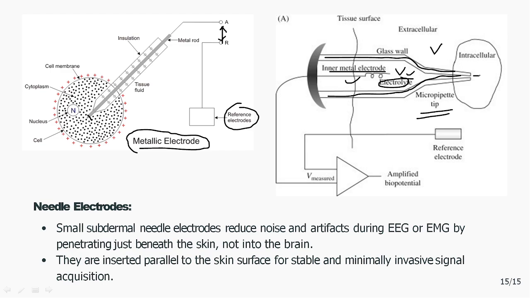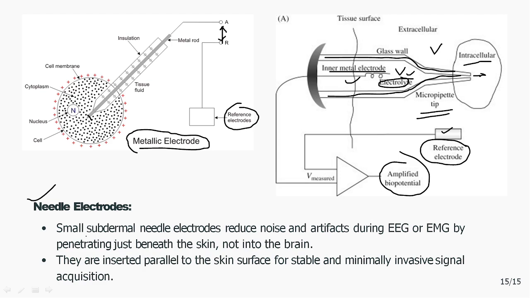This tip can penetrate inside the intracellular fluid, and due to the ionic reactions we can capture the potential with respect to a reference electrode, which is put through for amplification.